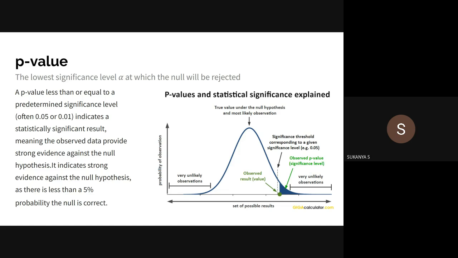It is nothing but the alpha value only, but it is actually saying how much evidence you have against your null hypothesis.